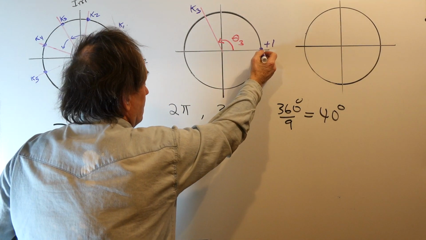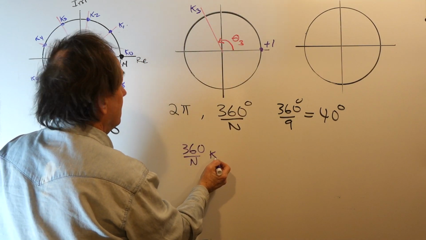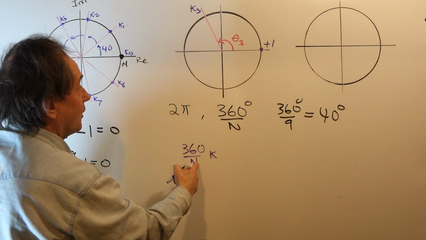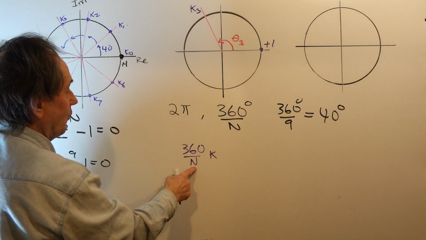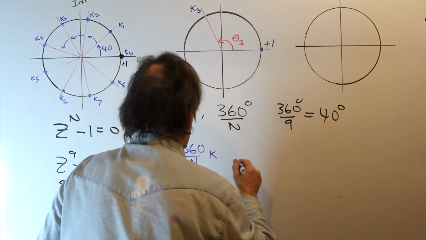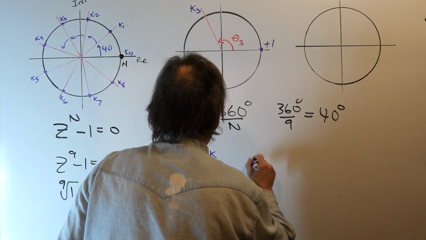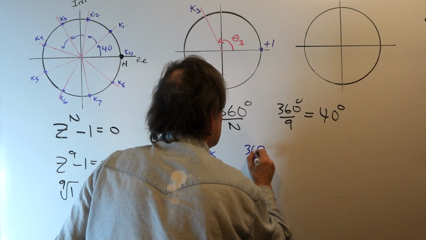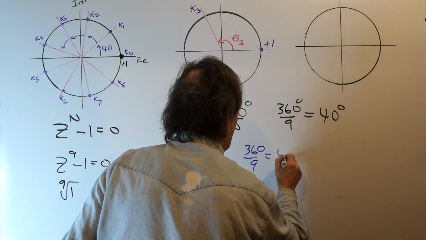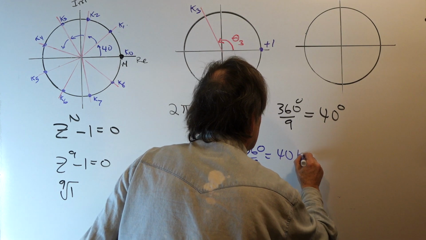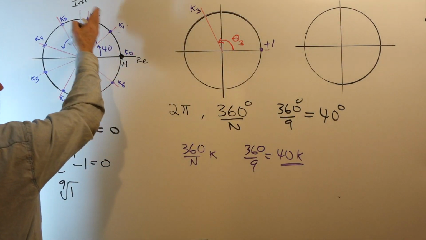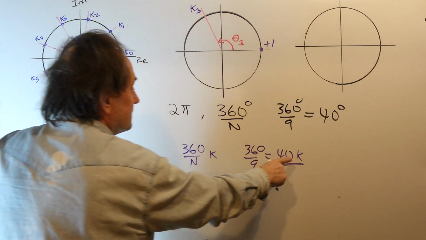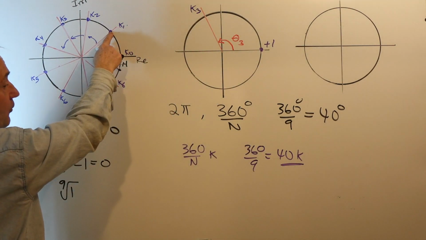Well, for the first root, k is equal to 0. So we're at 0 angle. The next root, k is equal to 1. In this case, since n is 9, we're dealing with 360 over 9, which is 40. And we multiply that by our k, the step, how many steps we take. So when k is equal to 1, we're at 40 degrees.